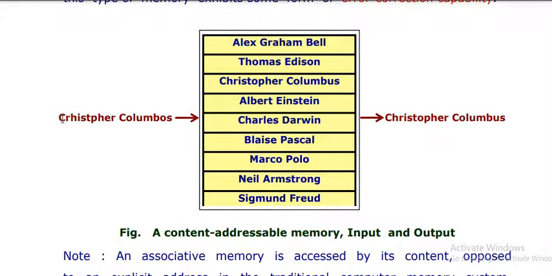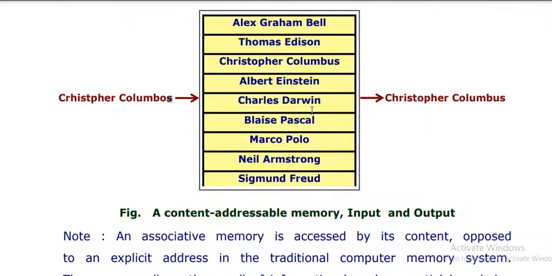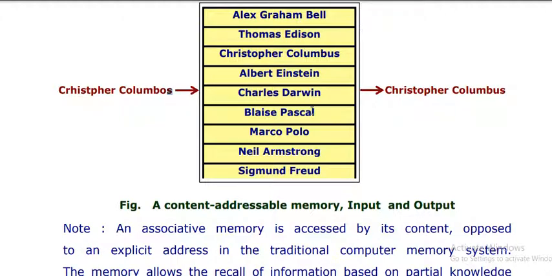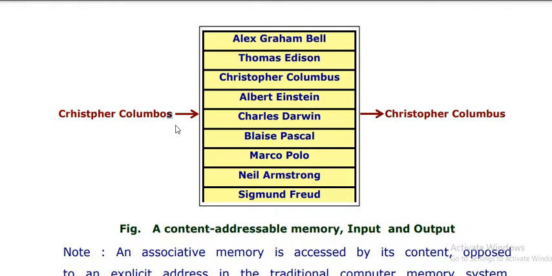We can see that Columbus is similar to Christopher Columbus, so the output will be Christopher Columbus. From this figure we can easily understand that the output will be the same as, or similar to, the input pattern.